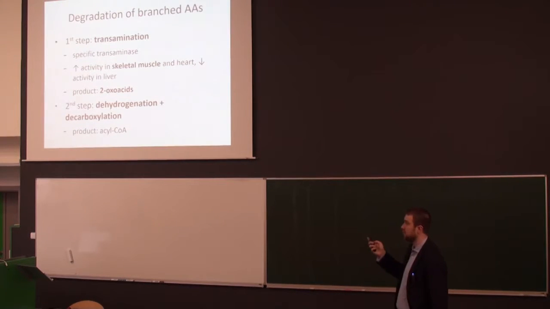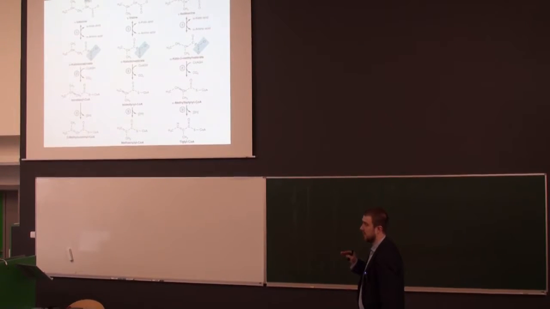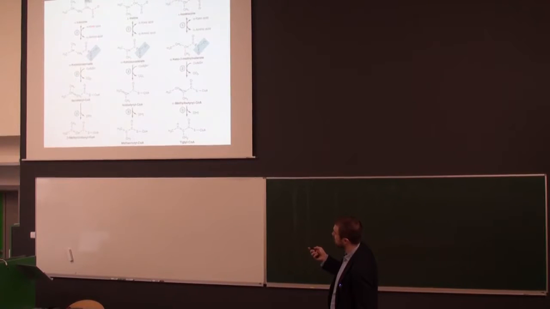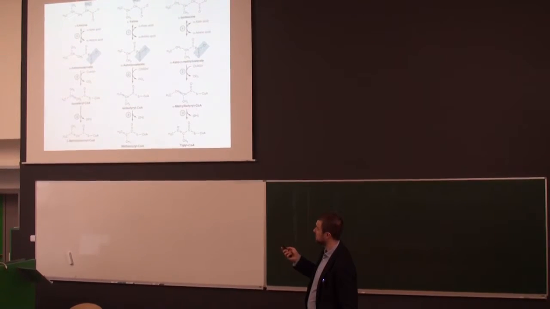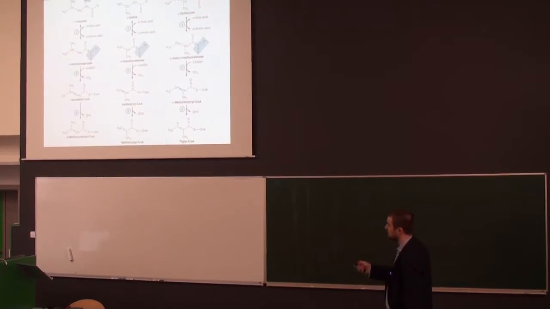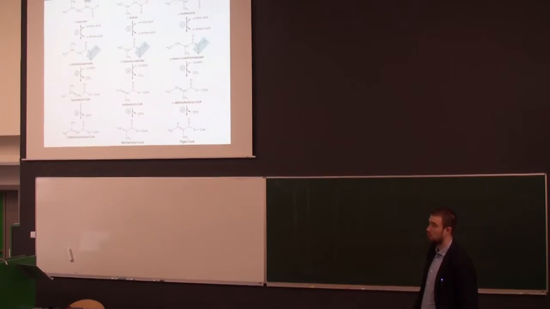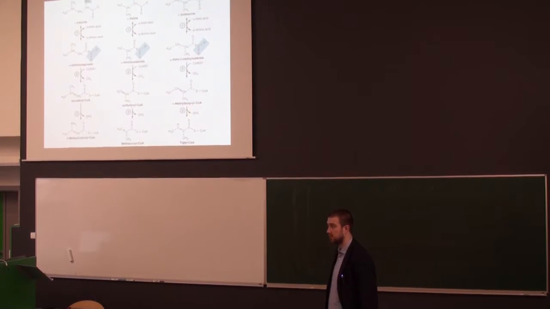The first reaction for all branched-chain amino acids is the same. It's a special transaminase in skeletal muscle that converts this amino group, here you have leucine, valine, and isoleucine, to the keto group. These three molecules we call alpha-keto analogues of branched-chain amino acids.